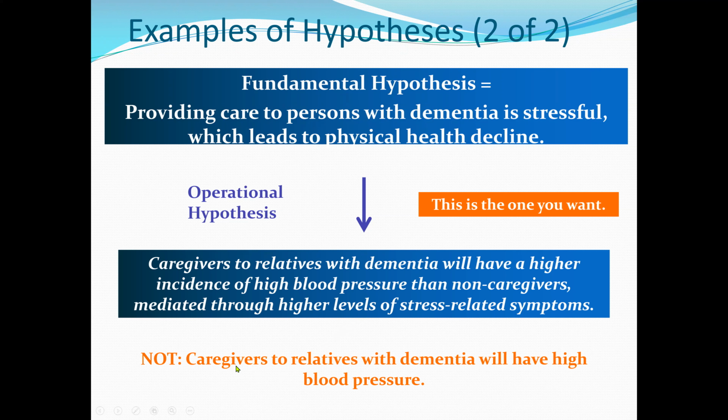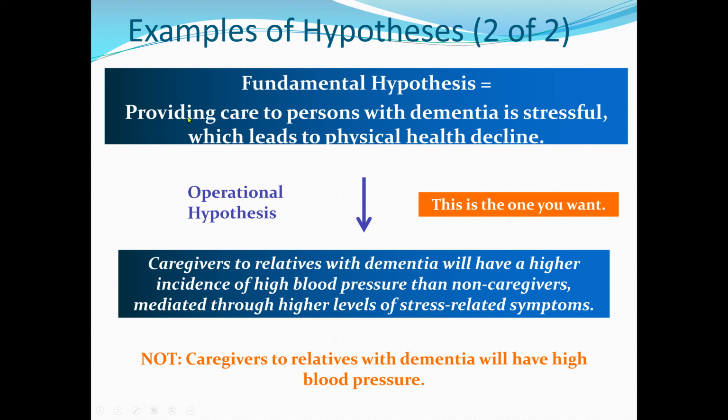So not just caregivers to relatives with dementia will have high blood pressure. But we can see the two here again almost mean the same, but how we word it, this is more specific and more direct.